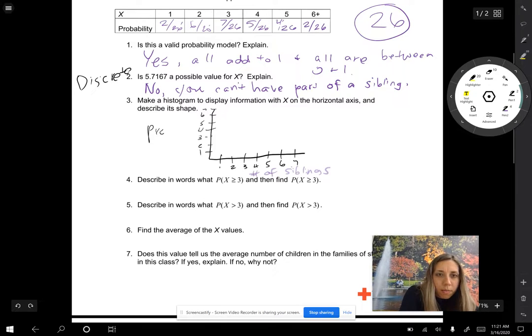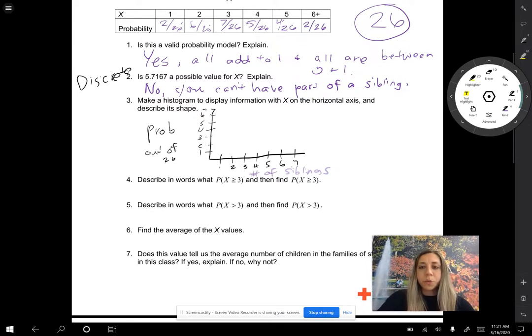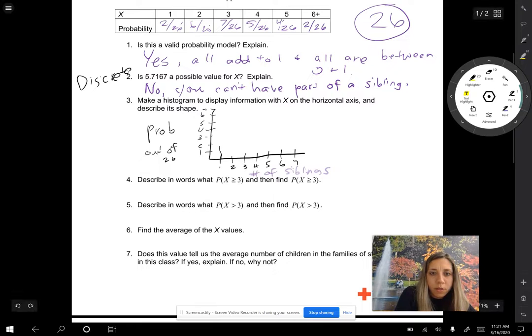This is the probability out of 26 of getting those values. So remember, histograms touch. So we're going to take the first one, and we always put it in the bin above.